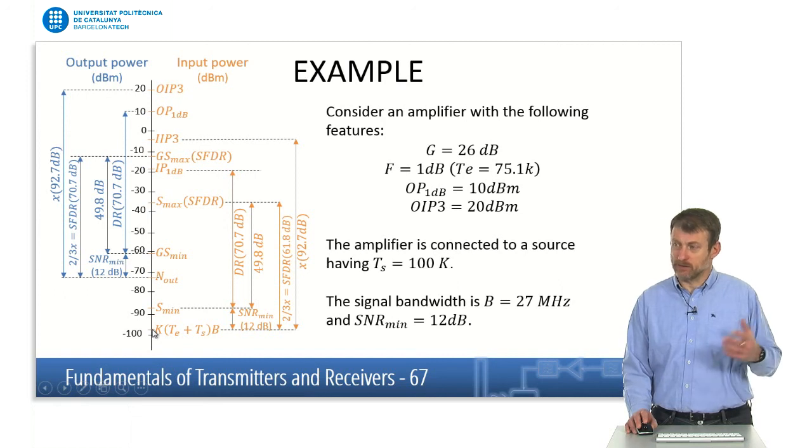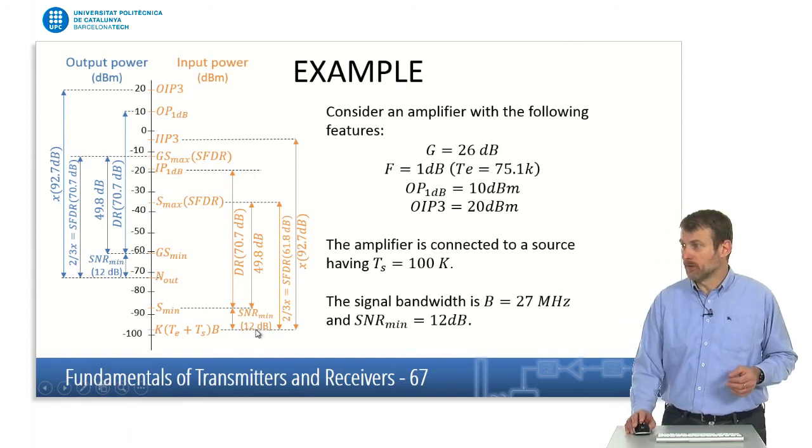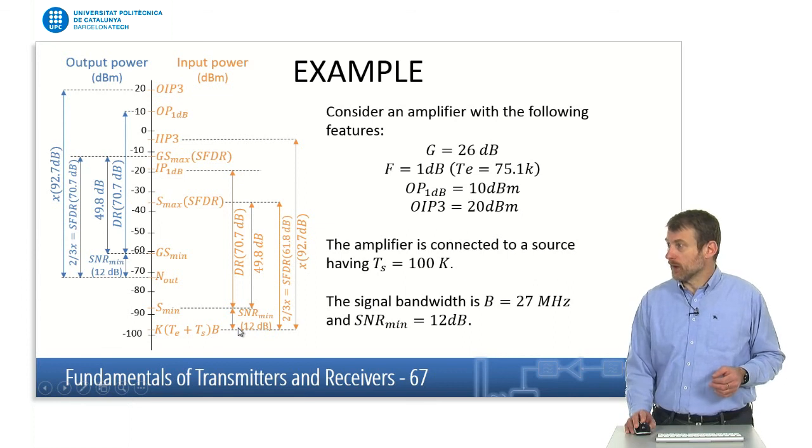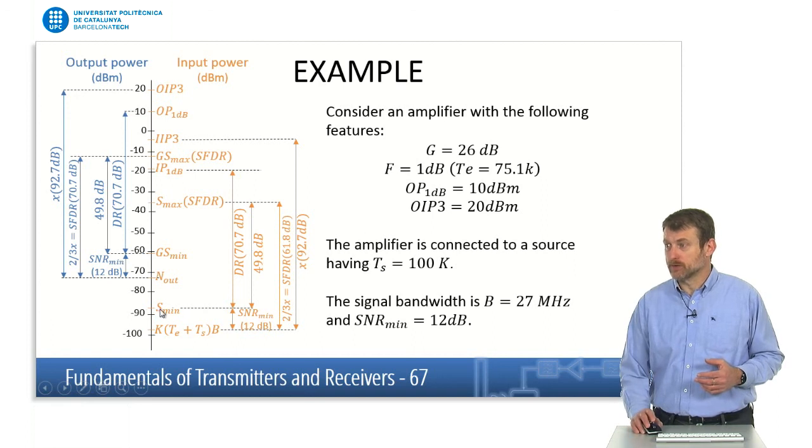Minus 98 dBm, for example, right? Now, if we go up by 12 dB, which is the requirement in signal-to-noise ratio, that will give us the minimum driving signal at the receiver input, right?